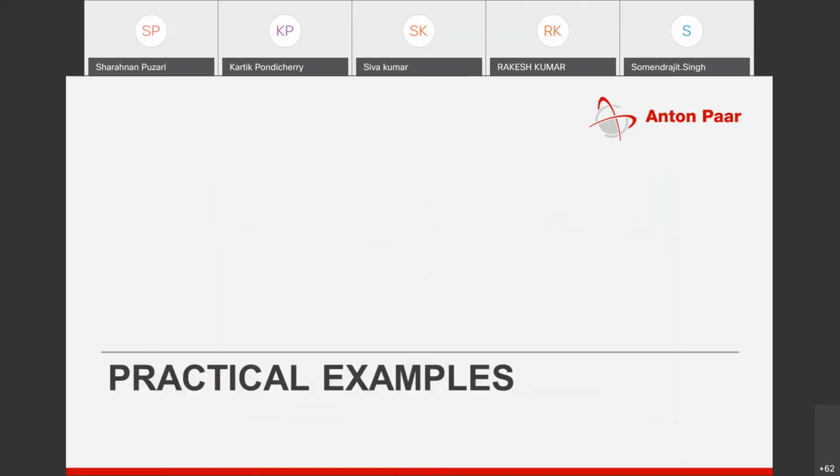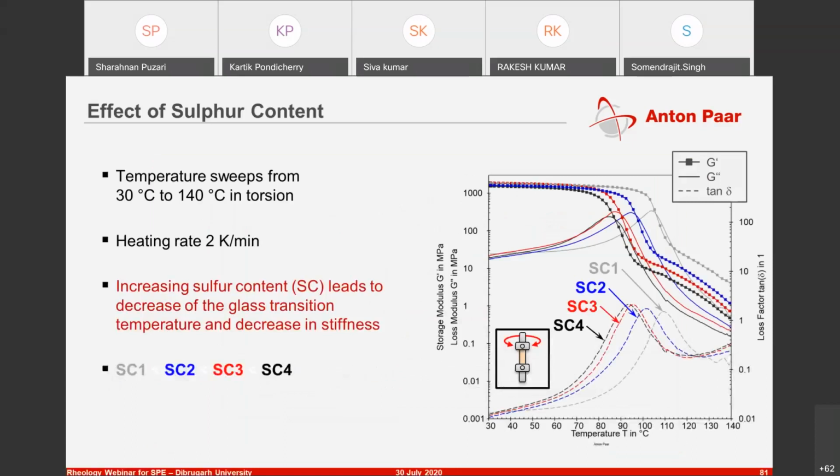Examples. If you have some sulfur added to your polymer, what happens? Here you see that with the increase in addition of sulfur, from 1, 2, 3, and 4, I don't know exactly what percentage was used, you're moving the glass transition temperature to a lower point.